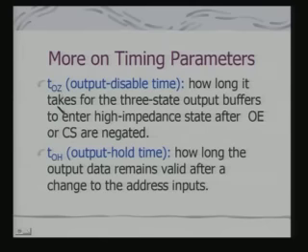How long it takes for the 3-state output buffers to enter high impedance state after OE or CS are negated. And TOH is the output hold time, how long the output data remains valid after a change to the address inputs. Now these parameters that I have discussed in detail are primarily read timing parameters.